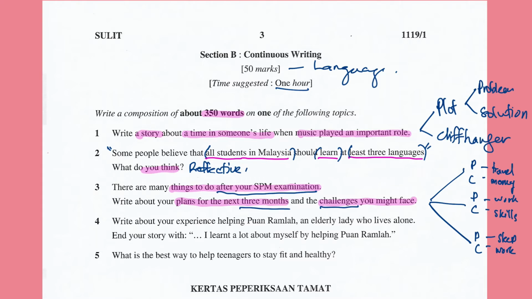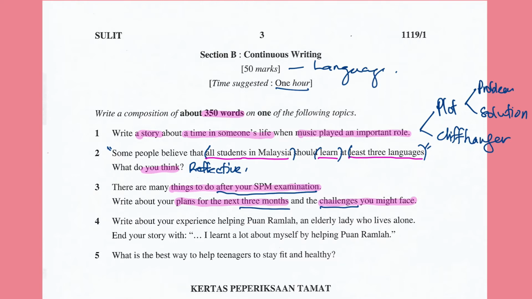I'm going to erase this, and then this is how you do it. It actually depends on you how you want to organize your essay. As long as you answer all the requirements, it doesn't say challenges for each. So let's say plan number 1, plan number 2, plan number 3.